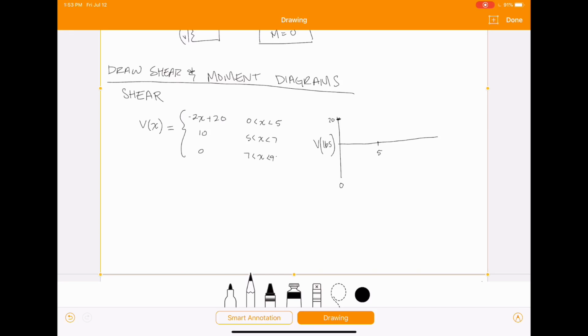So we know 20 is going to be there at 0, and we can plug 5 into that equation. So negative 2 times 5 plus 20, and we're going to end up with 10 over here at 5. And that's a linear line. All right, then between 5 and 7, it stays at 10.